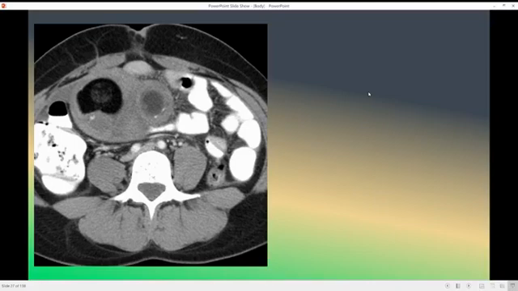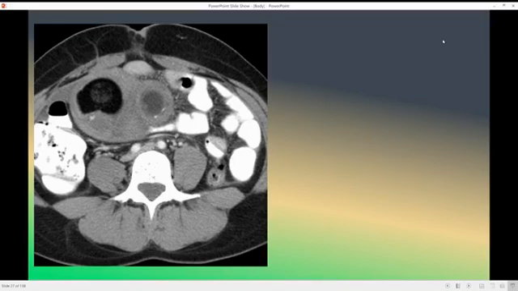What do you think the patient has? We received some answers.